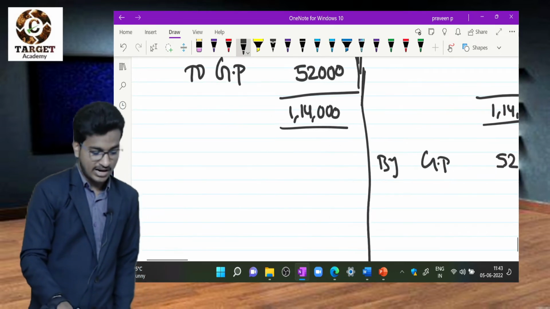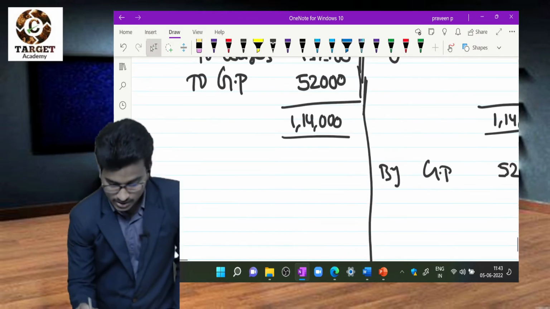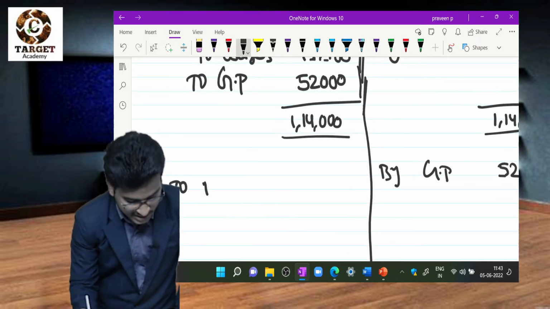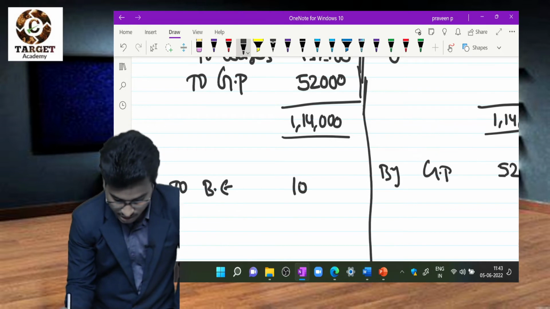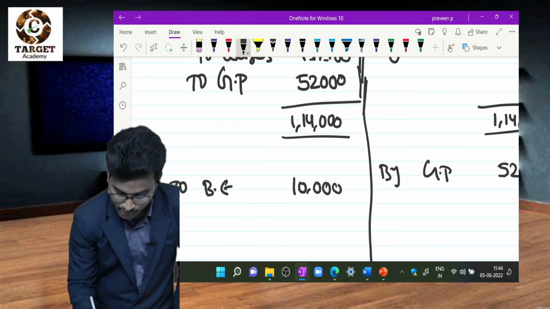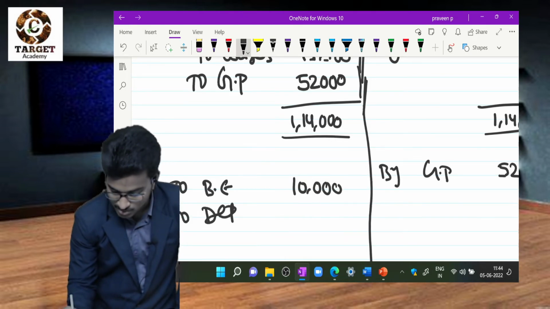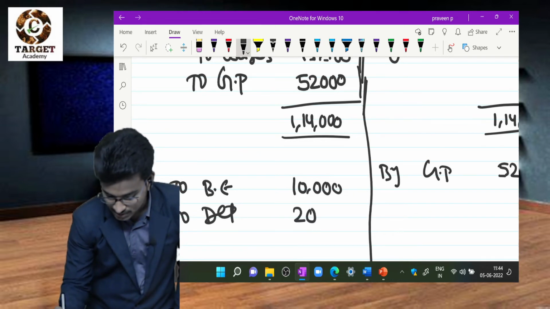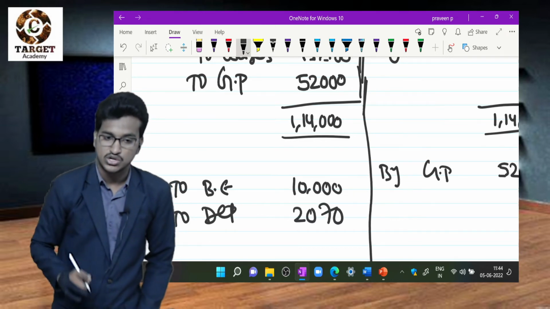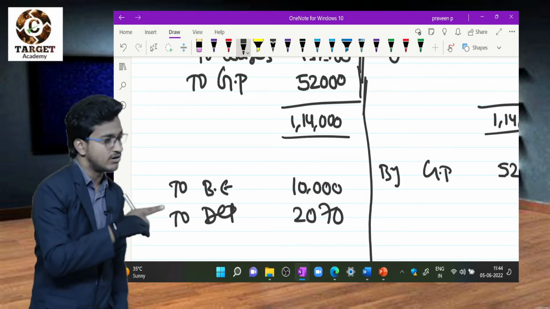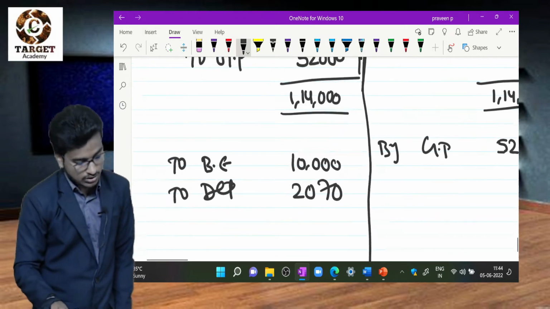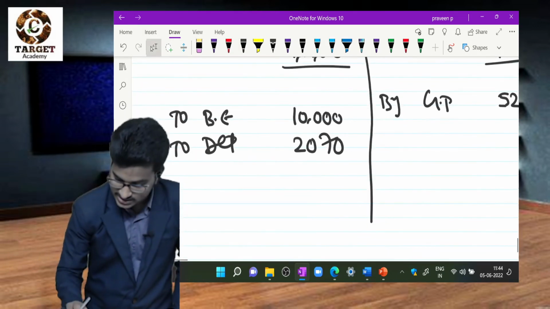Next, see the question, tell me the expenses line by line. Business expenses 10,000. Depreciation there: 2,000 on plant and machinery plus 70 on furniture and fittings, so total 2,070. That's it.